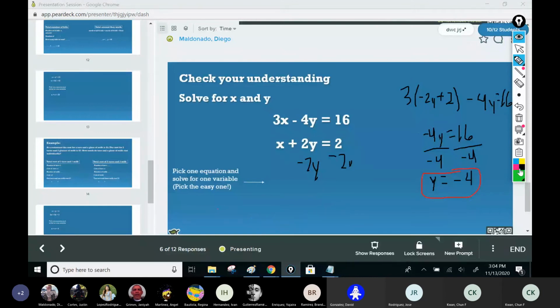Now distribute the 3 to these two. So what is 3 times negative 2y? Can you erase these?